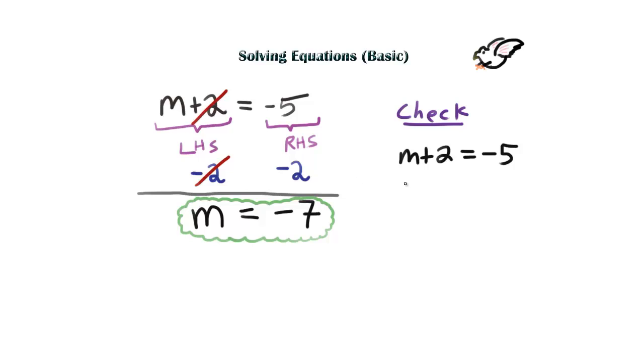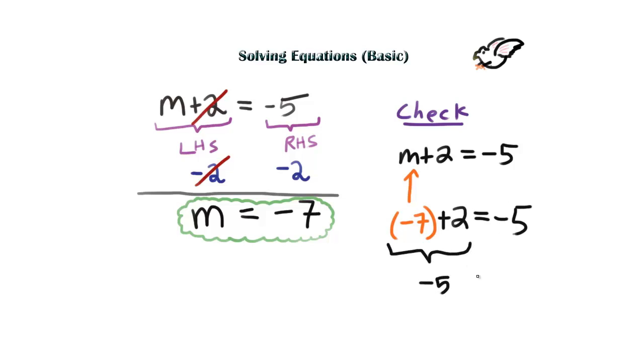So m is now -7, and then we're adding the 2, to check to see if it's equal to -5. If we do this out, -7 plus 2 is -5, and on the right hand side it's also -5. So let's give ourselves a little check here. -5 is equal to -5. And so we're done with this one.